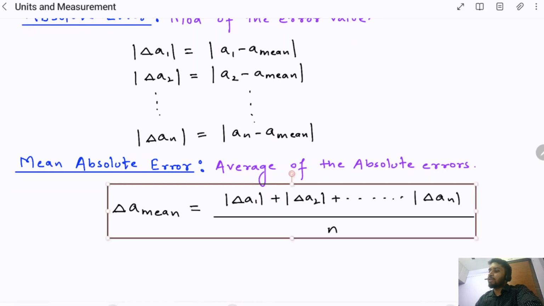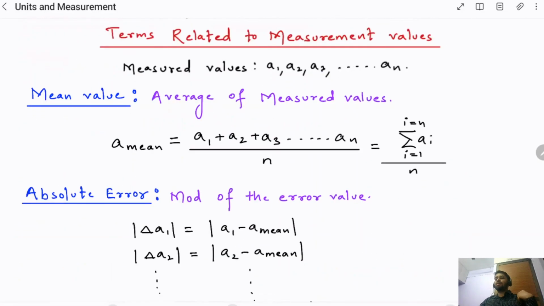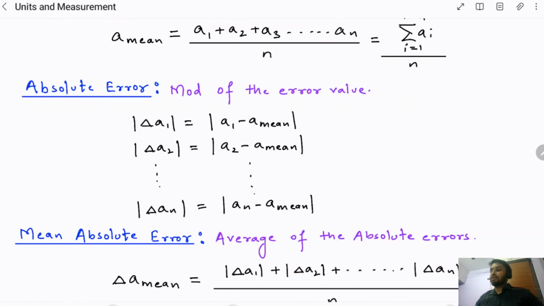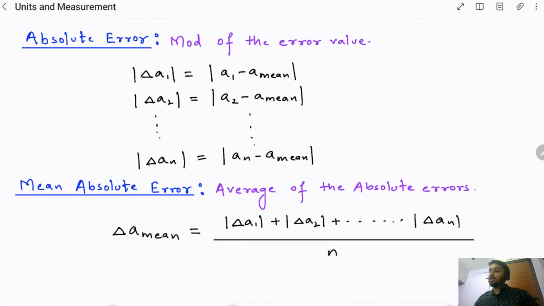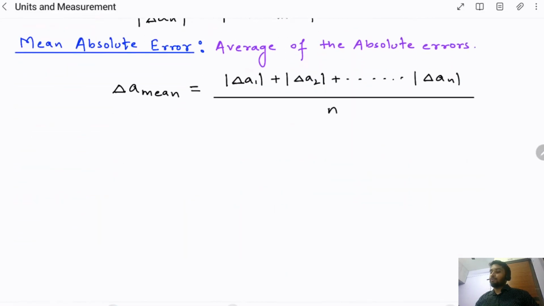So once we have calculated all these values, that is the mean value, the absolute error, that is the mod of the error values, and the mean absolute error, we go for the final representation of the measurement.